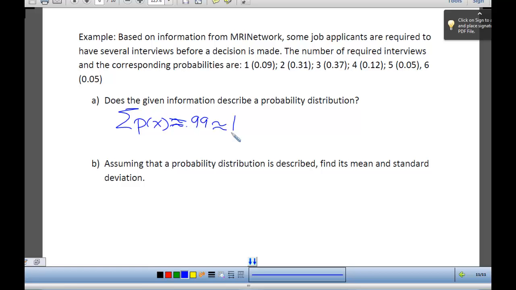Part B, assuming that a probability distribution is described, find its mean and standard deviation. So what would we do with this? Use our calculator. Okay, so let's do that one more time.